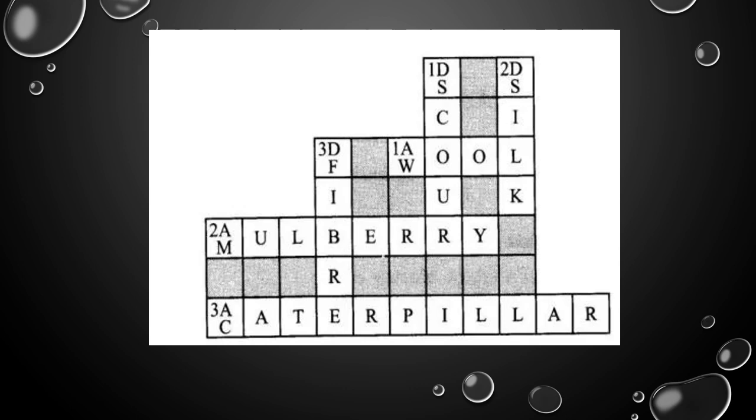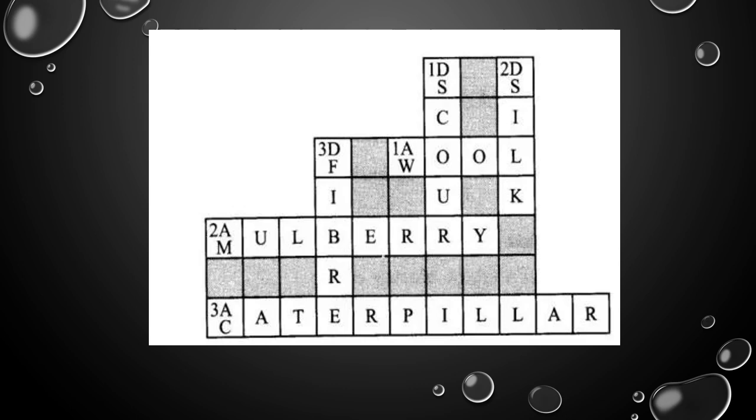So the first answer, down, number 1, thoroughly washing, is scour. S-C-O-U-R is here, right? Now second down, animal fiber, S-I-L-K, silk. Number 3, long thread-like structure, fiber, F-I-B-R-E.